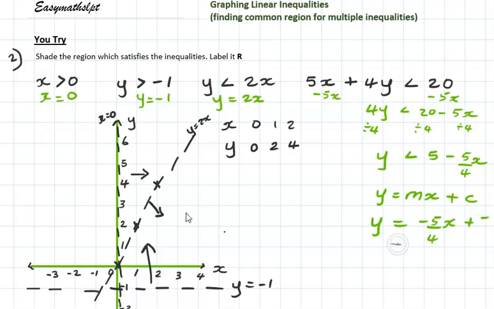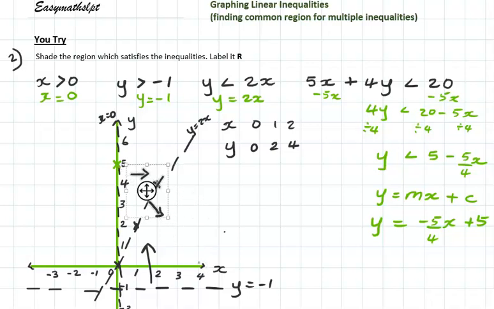And for this line, our y-intercept is at 5. So we know it's going to cut our y-axis at 5, or the line is going to pass through our y-axis at 5. Then our gradient is negative 5 over 4, which means we're going to go 4 across and 5 down. So 1, 2, 3, 4 across, 5 down: 1, 2, 3, 4, 5.